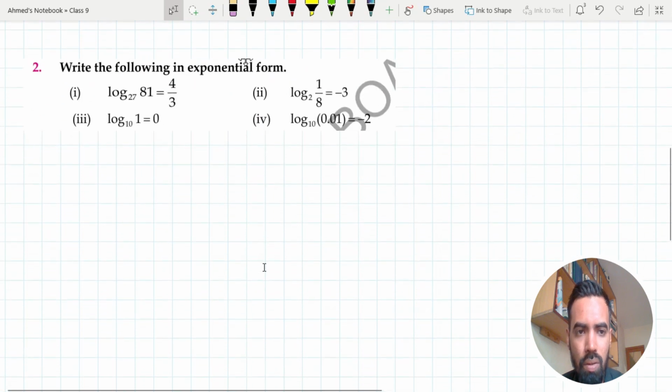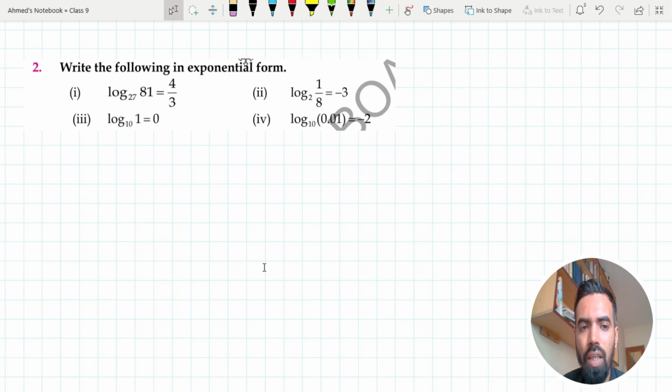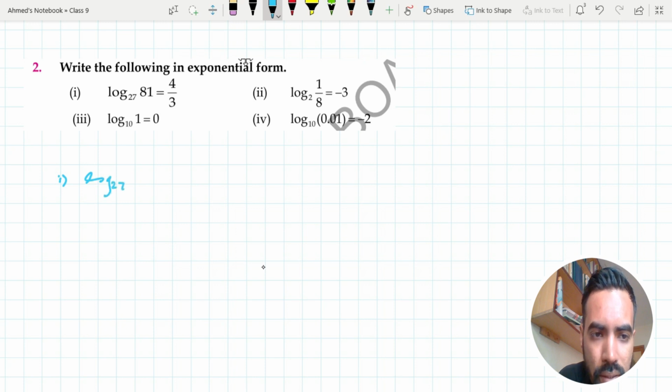Now let's move to question 2. Question 2 is: write the following in exponential form. That is, it is given in logarithmic form and we will write it in exponential form. So log 81 with base 27 equals 4 over 3.